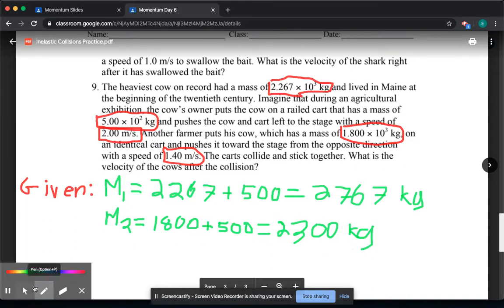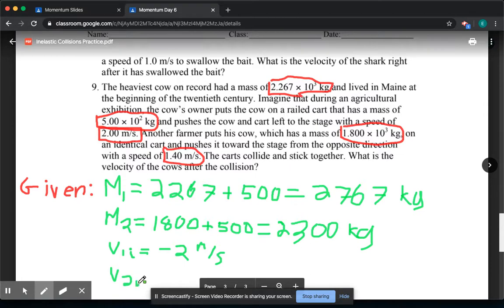The velocity of the first cow, V1I, is again going to the left, so it's going to be negative 2 meters per second. And then the velocity of the second cow is going to be positive 1.4 meters per second.